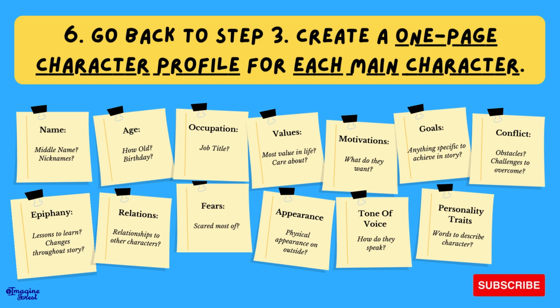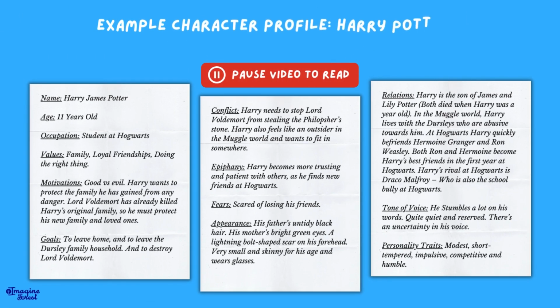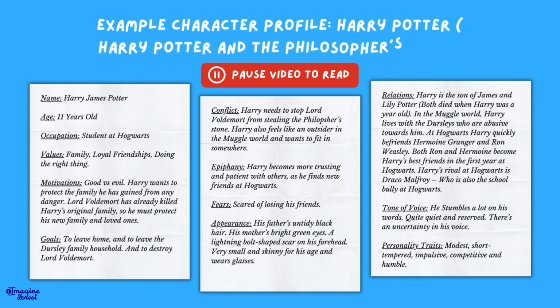Appearance, is there anything important to note about how they look on the outside? Tone of voice, how does the character speak and what words or phrases do they use? Personality traits, list some words that describe this character's personality. Here is an example of the Harry Potter character from the first book, Philosopher's Stone.